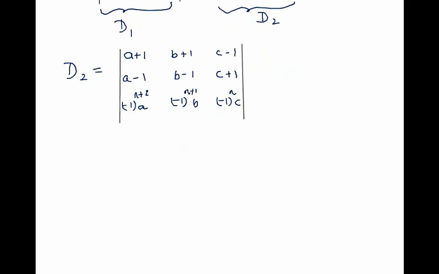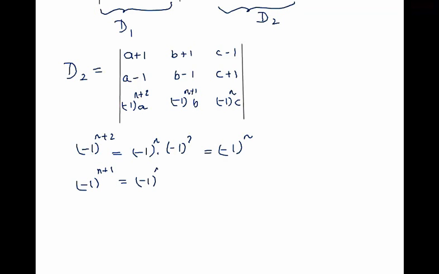Now we know that minus 1 to the power n plus 2 can be written as minus 1 to the power n times minus 1 whole square, that is equal to minus 1 to the power n. Similarly, minus 1 to the power n plus 1 can be written as minus 1 to the power n times minus 1 to the power 1, that is equal to minus of minus 1 to the power n.